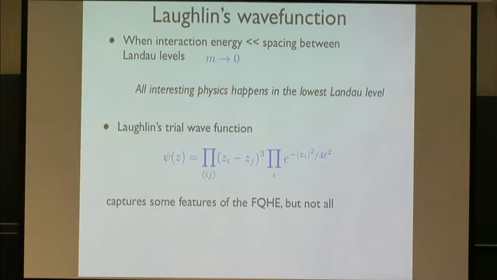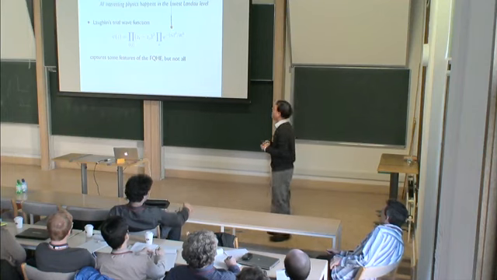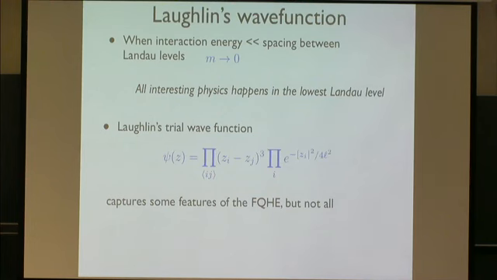This limit is the limit for which Laughlin wrote his famous trial wave function for the fractional quantum Hall state. It is a very simple ansatz for the wave function, and it seems to capture many important features of the quantum Hall effect.